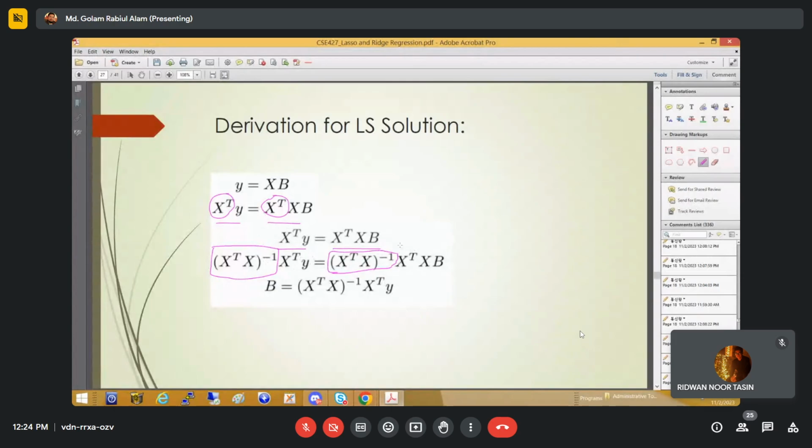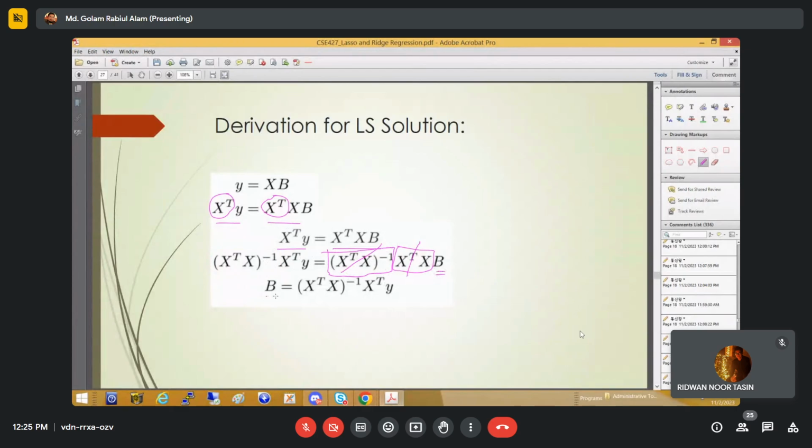From this part, this part is x transpose x, and this part is x transpose x inverse. So we can cancel these two out, and then we will get b only.